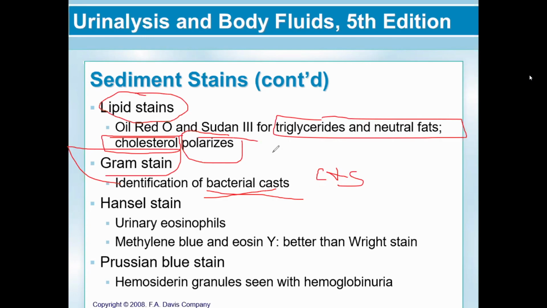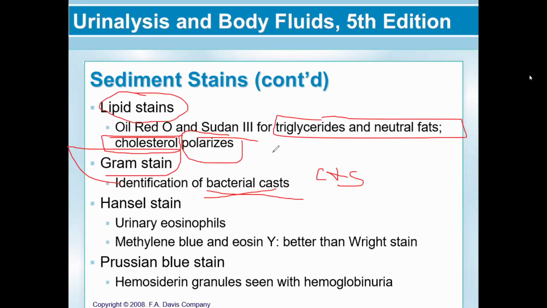In your gram-negative, what color? It's actually colorless. It only turns pink when we counterstain with your safranin. Okay? So that's your Gram staining.